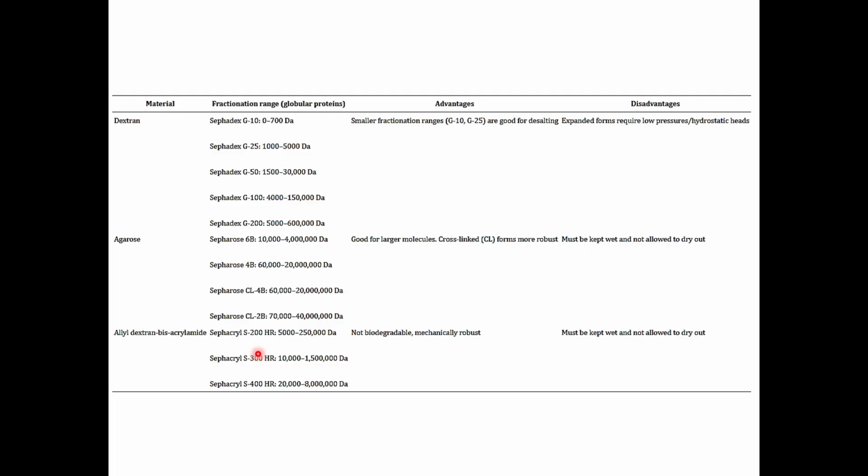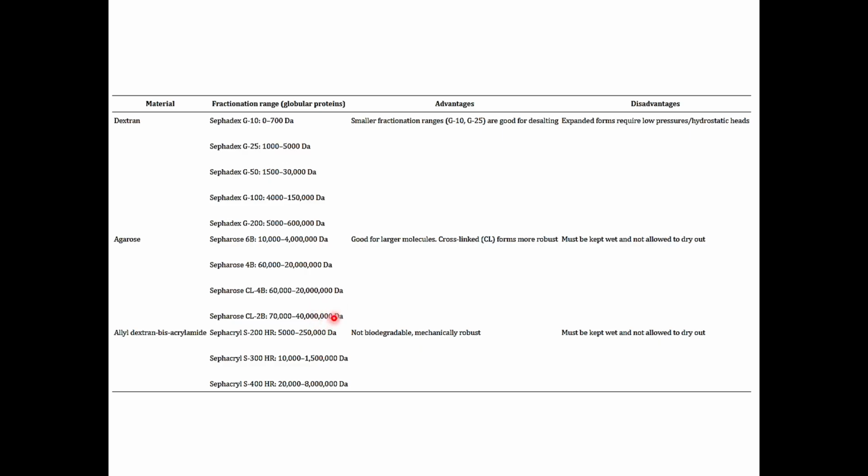And then for Sephacryl, you have S200, S300, S400, etc. Some advantages of these: dextran, that is basically Sephadex, has smaller fractionation ranges and is good for desalting, and requires low pressure and hydrostatic heads. Then agarose or Sepharose is good for larger molecular weights. You can see they are higher.